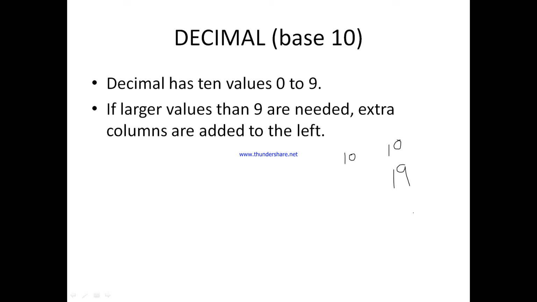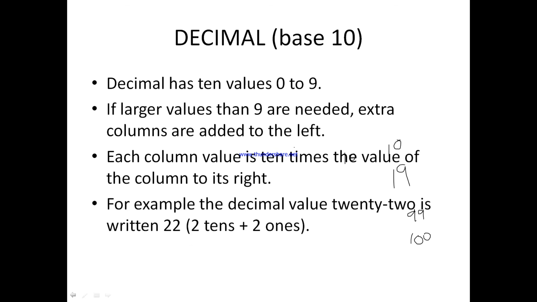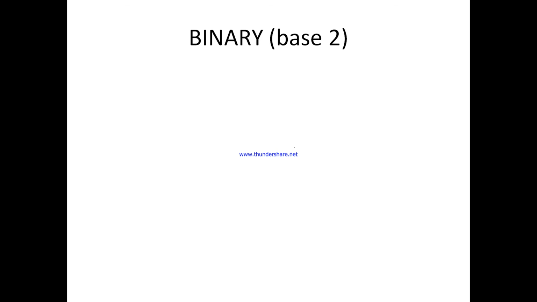After 99 we add one more column, so it becomes 100. Likewise, we keep adding columns on the left for larger numbers. Each column value is 10 times the value of the column to its right. For example, the decimal value 22 is 2 tens plus 2 ones. So this is the decimal number system.